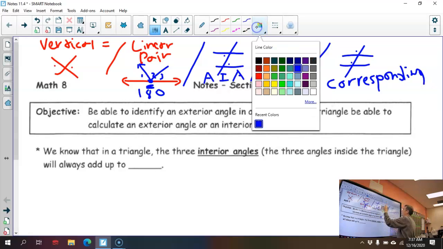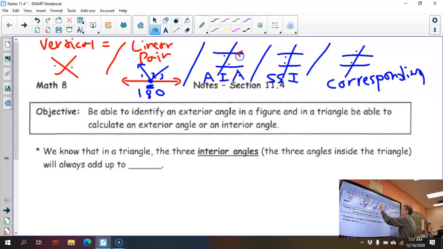And when these lines are parallel to each other, there's a little parallel symbol, these are equal, these add up to 180, and these are equal. Those are the angle pairs we've learned so far.